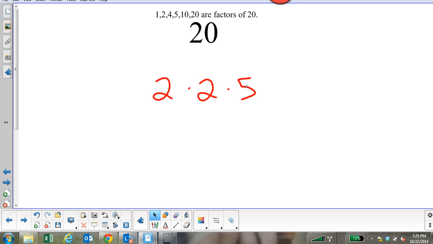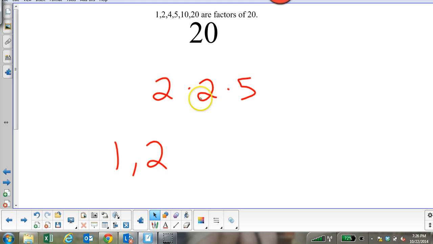The neat thing about prime factorization is, other than 1, every factor of 20 is in here in some form: 2 times 2 times 5. So 1 is a factor of every number. If I just took this factor 2 by itself, that's 2, so that's a factor.